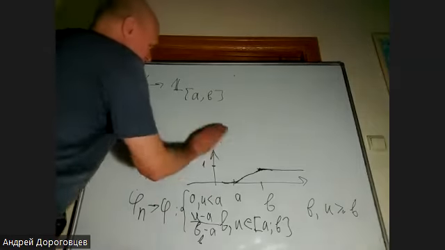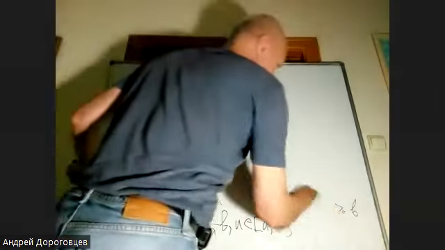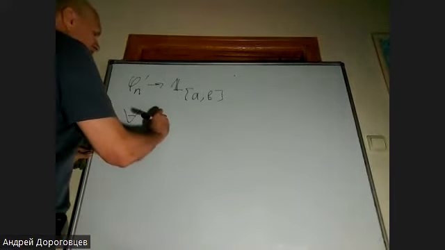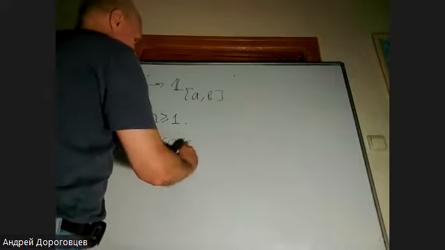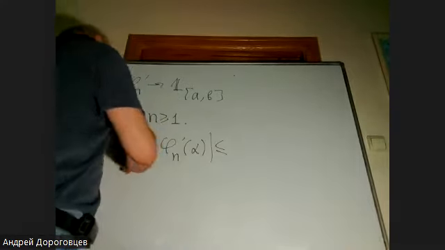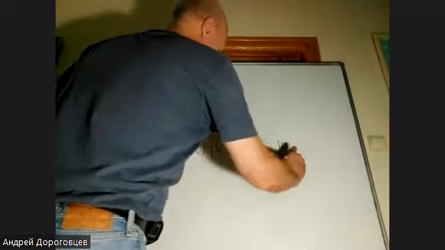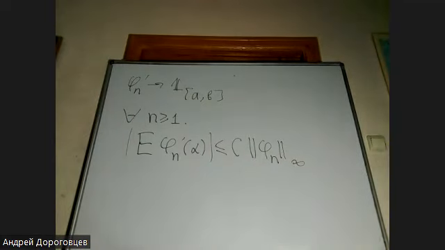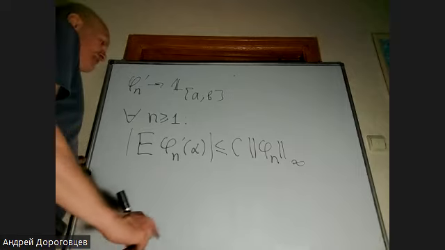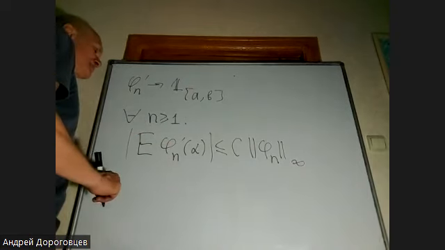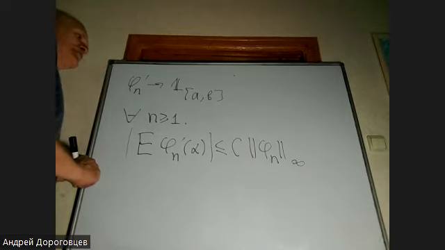Then one can check that we have the inequality for any n: the expectation of phi n prime of alpha is less or equal than c times the uniform norm of phi n. The same remains in the limit because phi n uniformly tends to phi, and here we have pointwise convergence, so we can apply the Lebesgue theorem about dominated convergence.